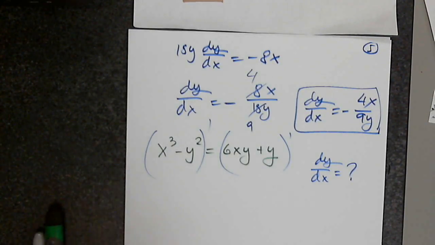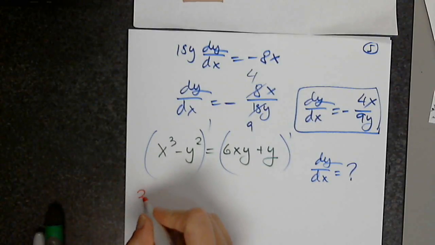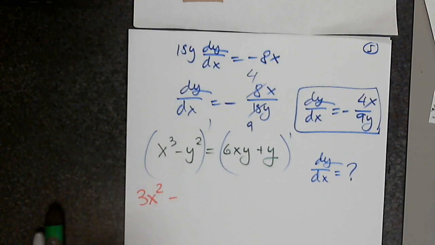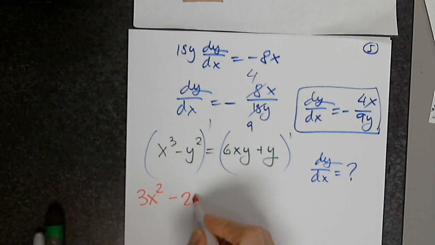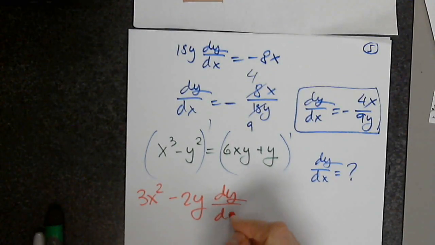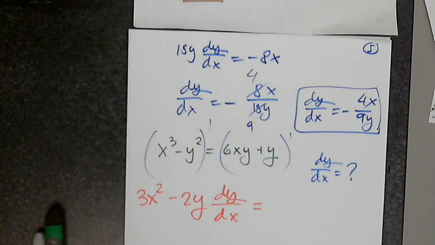Can anyone dictate the left-hand side if you have it? Very good. 3x squared indeed, minus 2y, excellent, dy over dx is the left-hand side. Perfect. Now I have to be very careful with the right-hand side. Why?